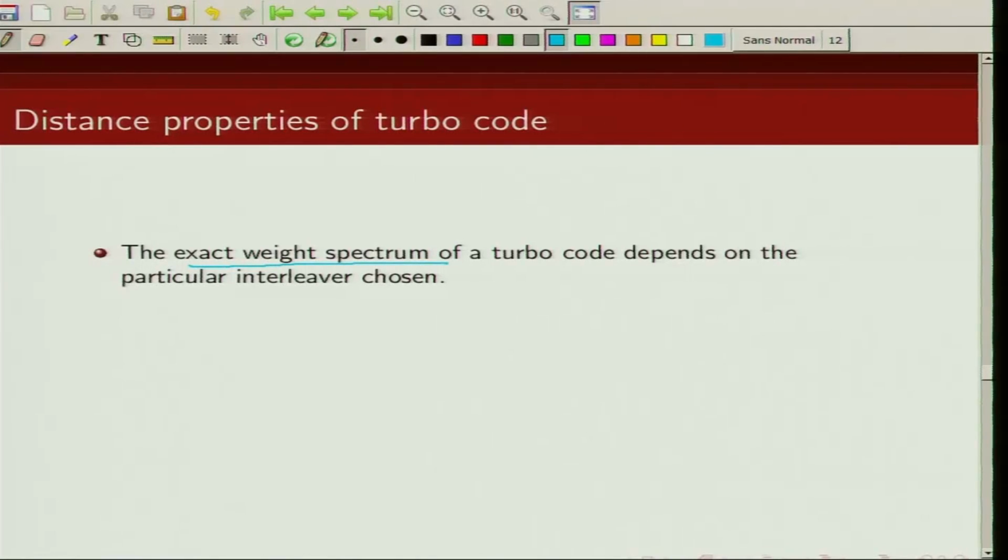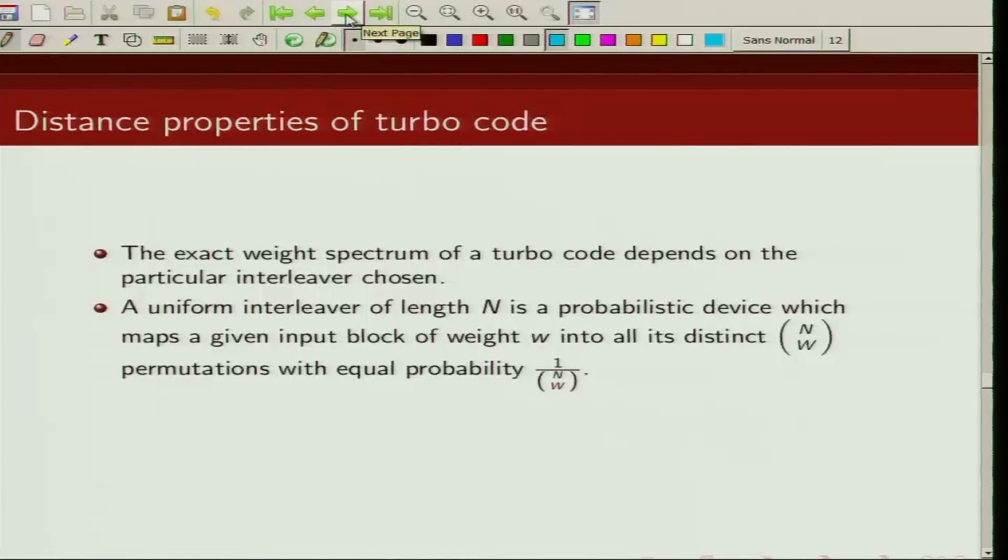Now, as you can understand, the exact weight spectrum of a turbo code depends on the particular interleaver. So we are going to make use of a device that we call a uniform interleaver.